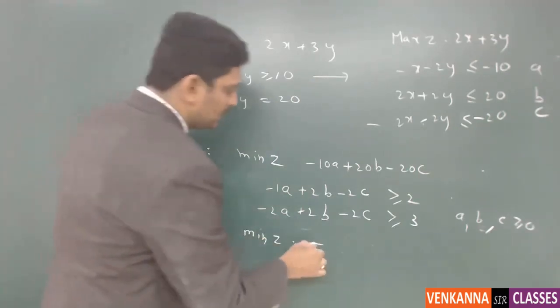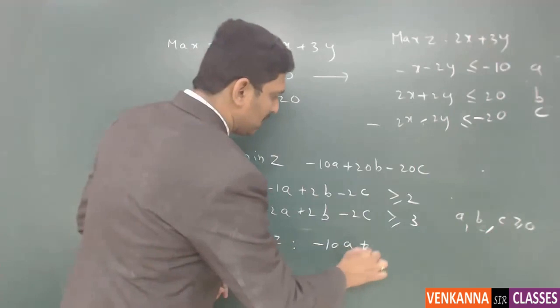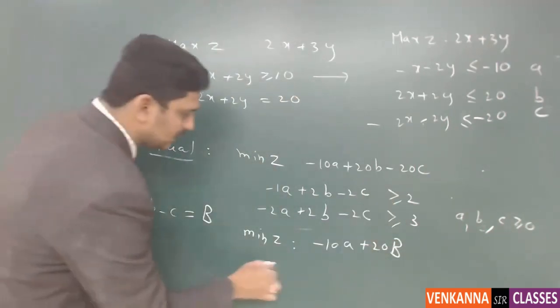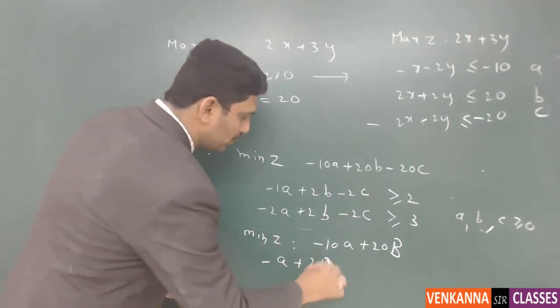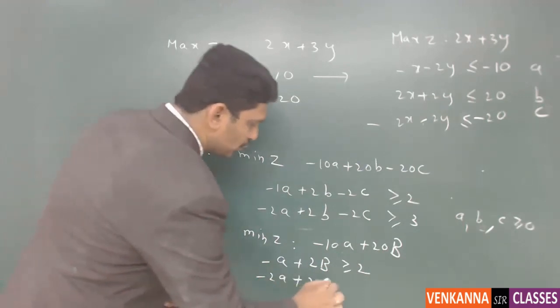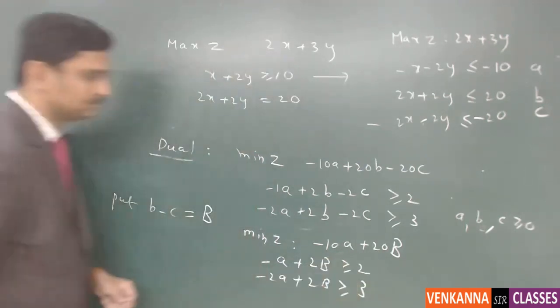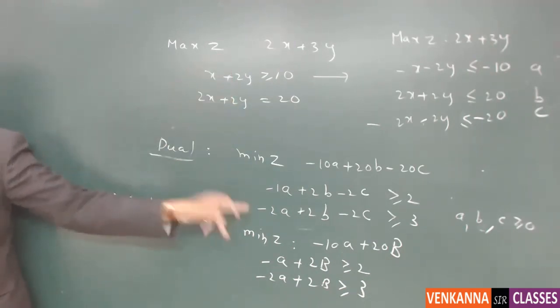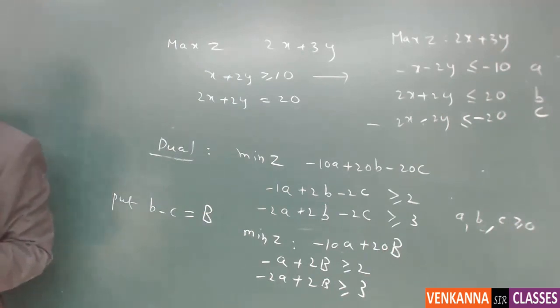Minimum z equals minus 10a plus 20b, subject to the constraints minus a plus 2b is greater than or equal to 2, minus 2a plus 2b is greater than or equal to 3. Do you accept this simplification? Or you can keep it as it is, no problem at all. So this is the conversion from primal to dual whenever equality is presented. Fine.